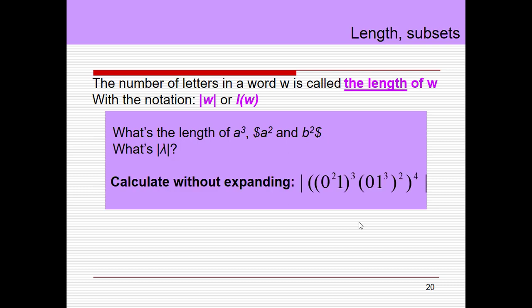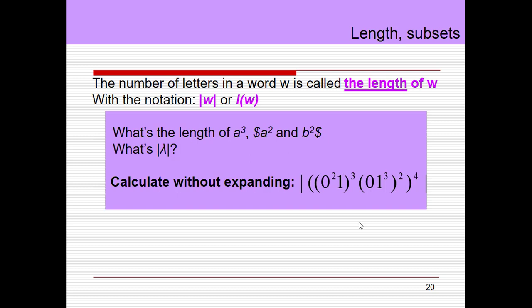If we look again at some expanding things, so we have there a very complicated word consisting of zeros and ones with a lot of powers in there. Then if we try to read it, it would mean 001, 001, 001. The first thing would be placed 3 times.